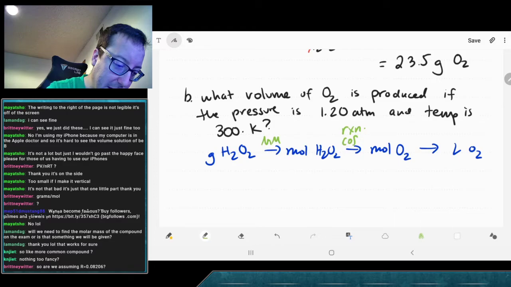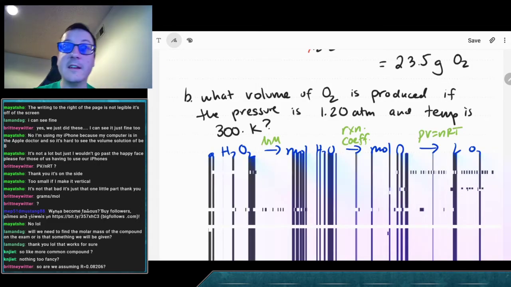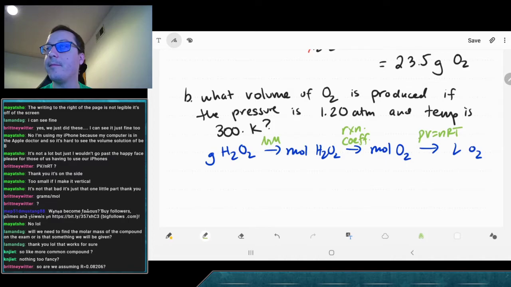Why do I always forget the E? Maybe I can salvage this. No, that's just disgusting. Okay. Coef. And this one now is our ideal gas law. That is our conversion between moles and liters.